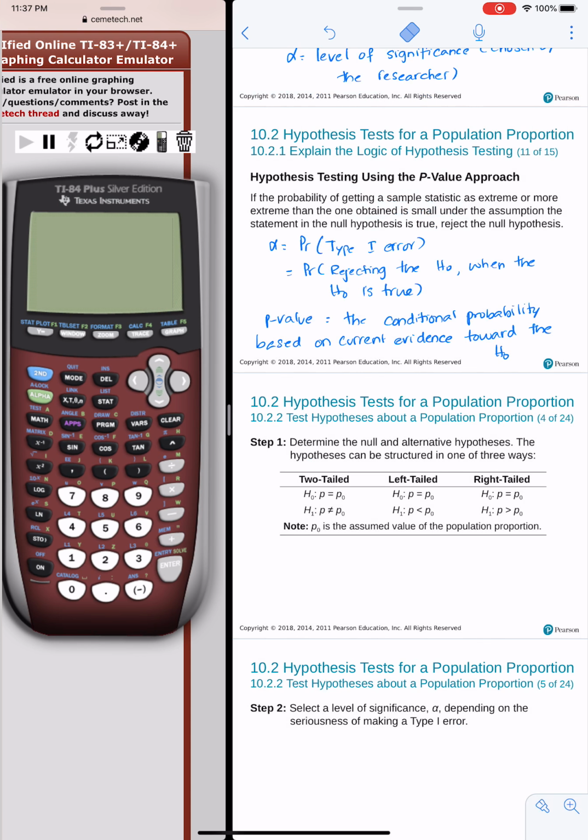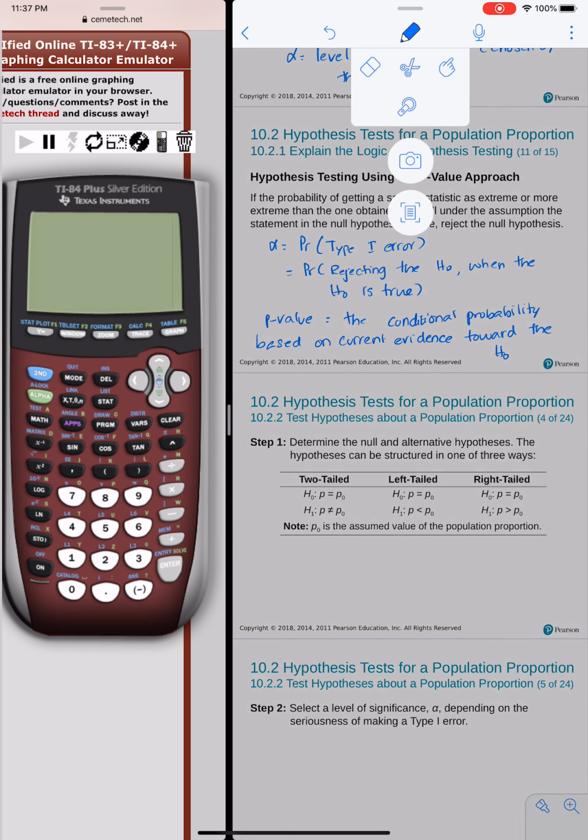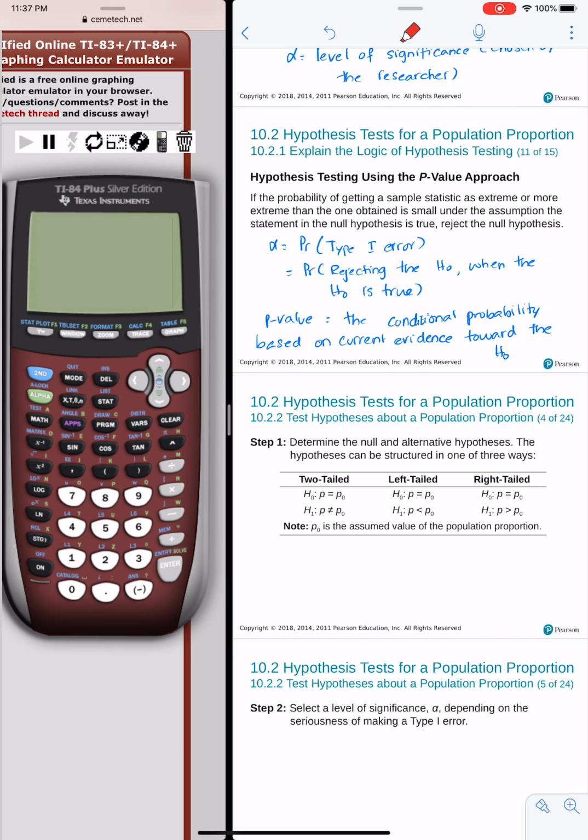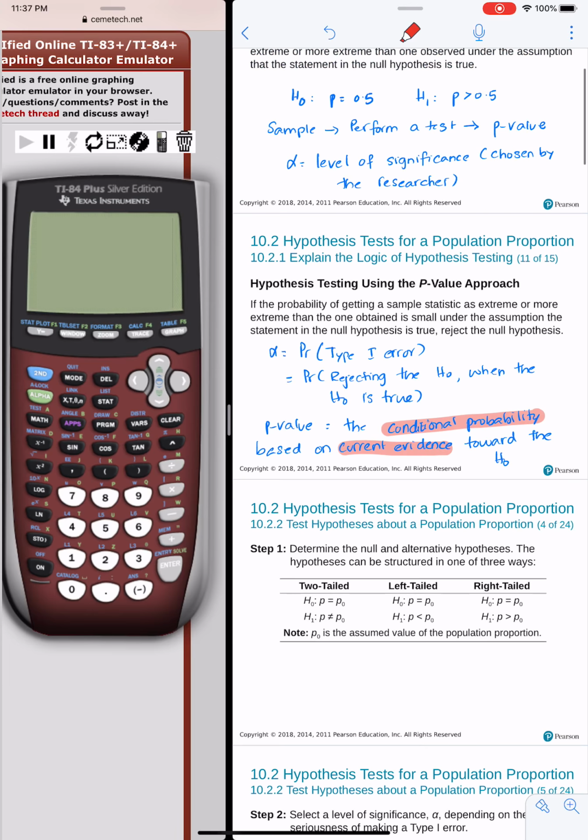Key words here would be conditional probability, and based on current evidence. Given the evidence, given the assumption, and under the null assumption, what are the chances that the null is likely to be true?